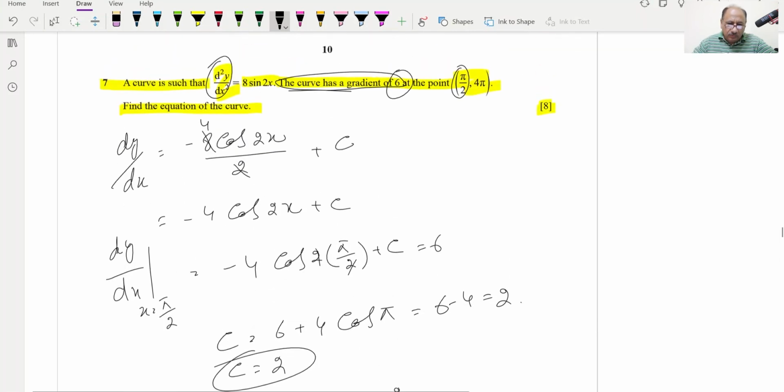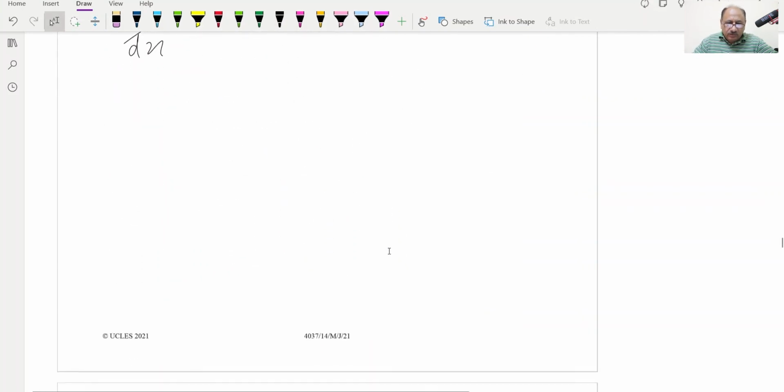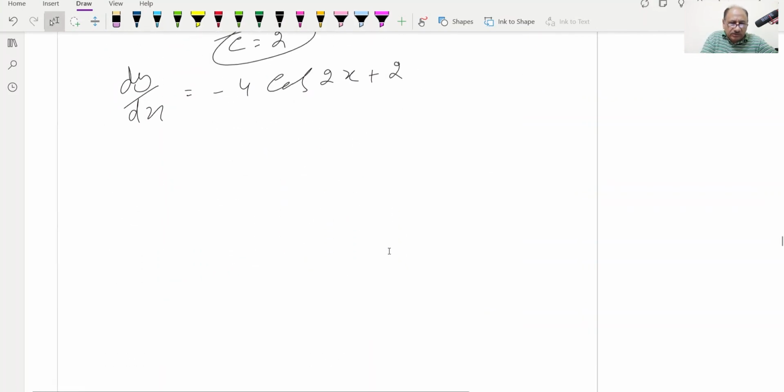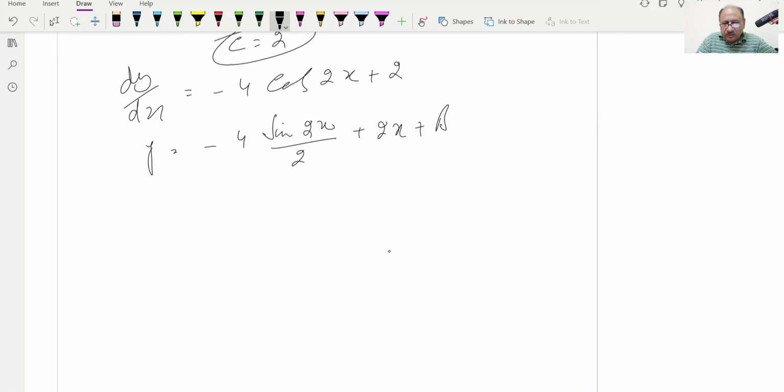And now they are saying find the equation of the curve. To find the equation of the curve, we will be integrating it once again, so this side will become y, and the integral of cos 2x will be sine 2x, so minus 4 sine 2x over the derivative of 2x, which is 2, plus the integral of 2, which will be 2x, plus we can take another integral constant which is b.